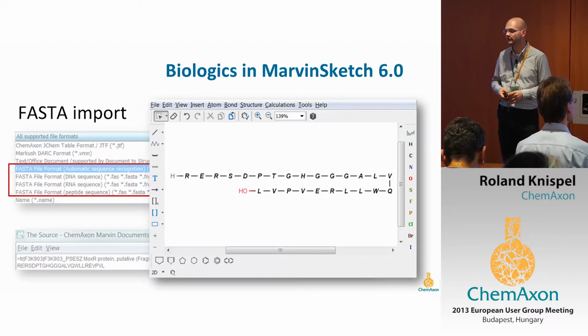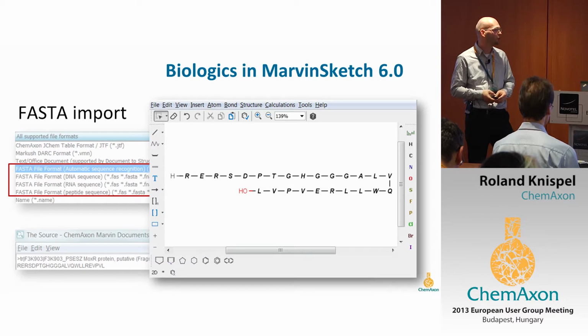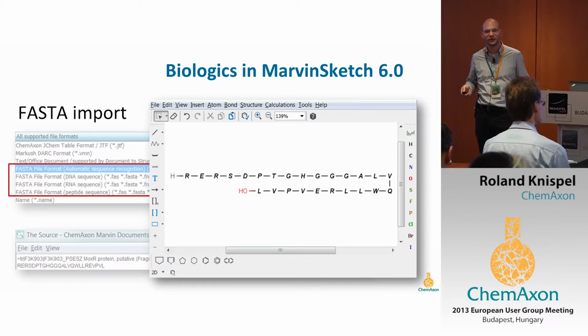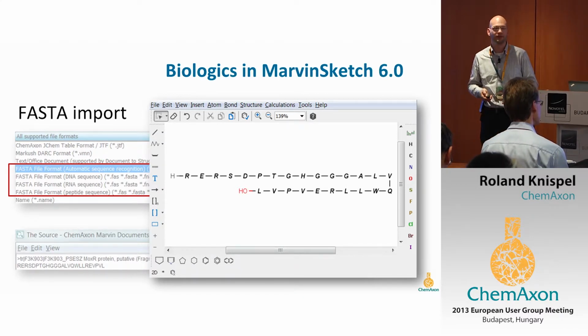They are still chemical information, so they are these superatom groups, and behind each of these superatom groups, the actual full molecular structure is still available, and you can just expand it and recondense it in order to have additional reduction in complexity in displaying such a biomolecule.